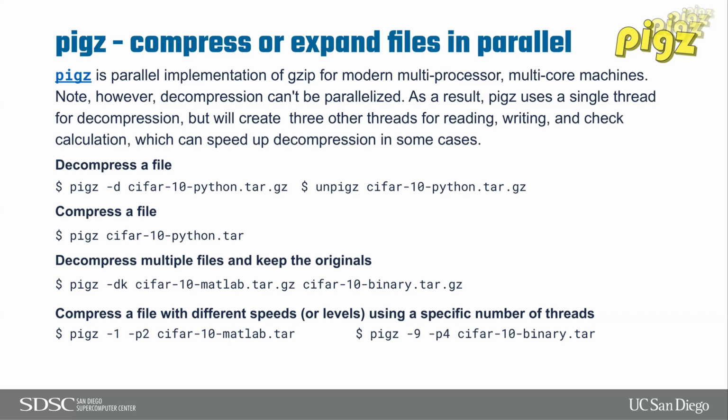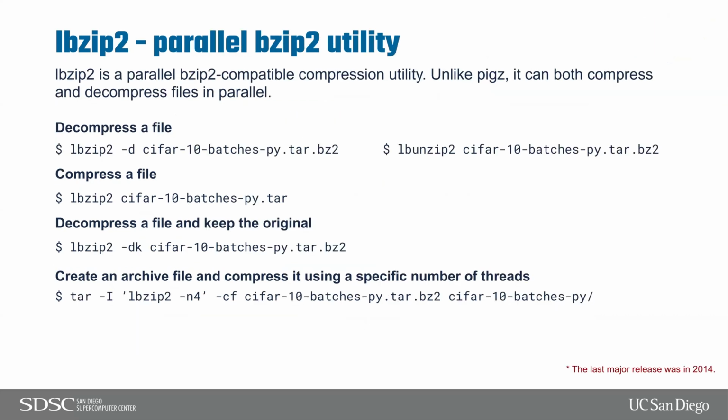This one is still in pretty active development, and we definitely have it available on our system, Expanse. So if you need a compression tool to compress large amounts of data into large tarballs, this is the one I would probably look at. There is a parallel bzip2 one available.